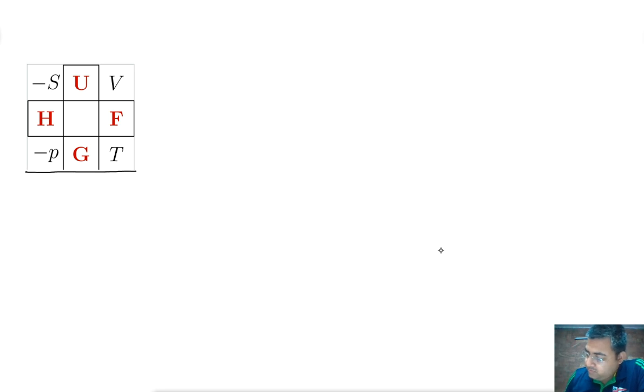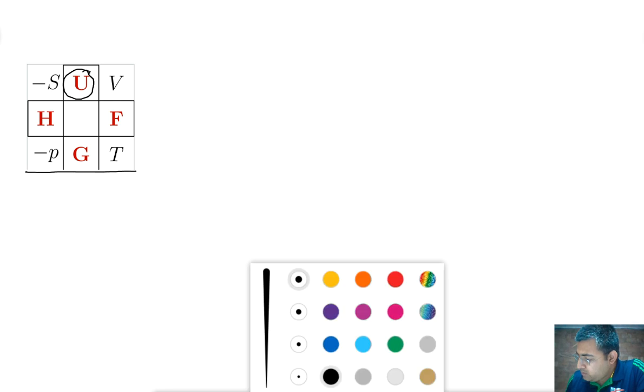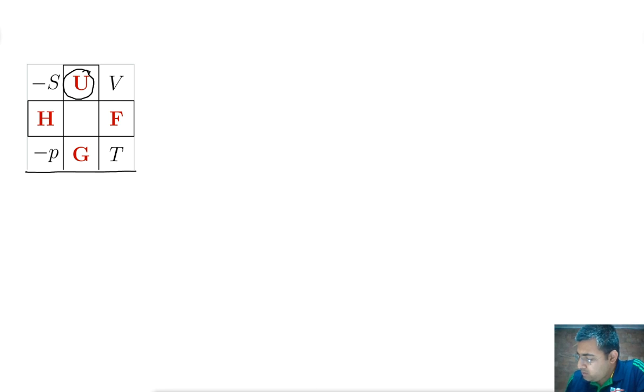First of all, we should focus on these terms: u, then we will derive for h, then for f, and then for g. Now let us say we want to derive the first Maxwell equation. It is very simple, let us first understand how to do it, so that later there is no confusion about how we are going to derive these Maxwell equations. Okay, so let us say we want to derive the first Maxwell equation.